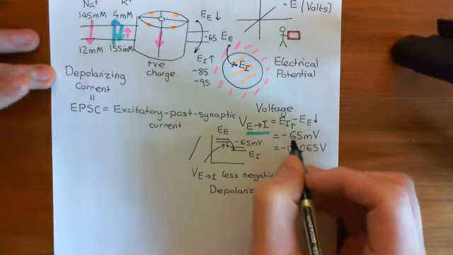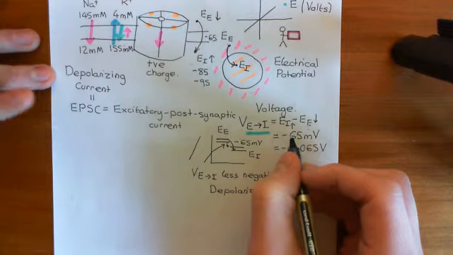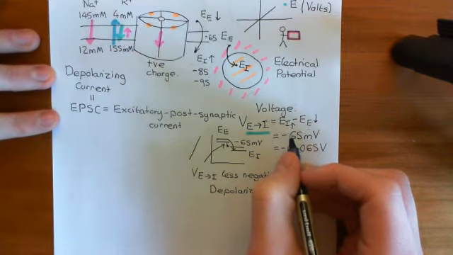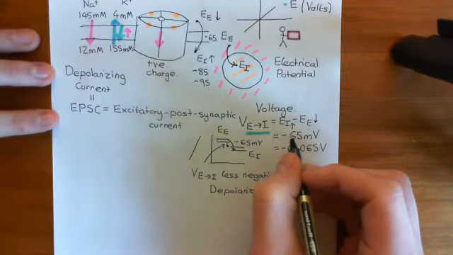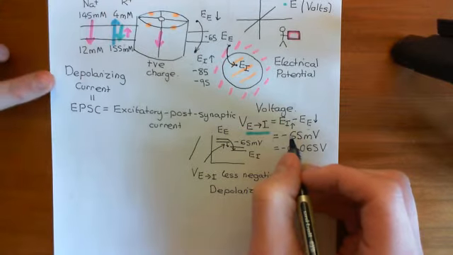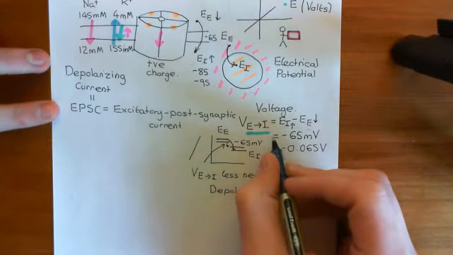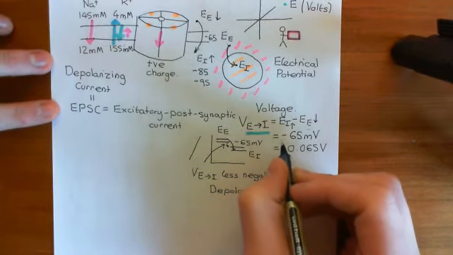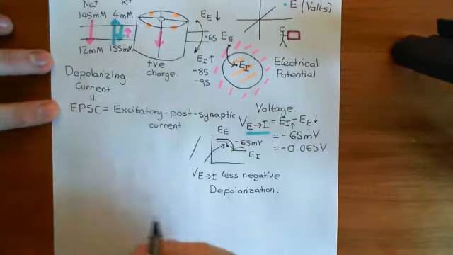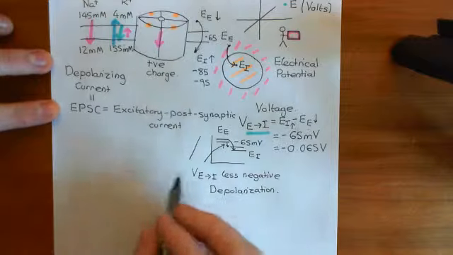So that's the effect of opening an AMPA receptor on the electrical potential difference across the cell membrane. You get this depolarizing current which will cause a depolarization in the electrical potential difference across the cell membrane. And there is a fancy name for this depolarization.